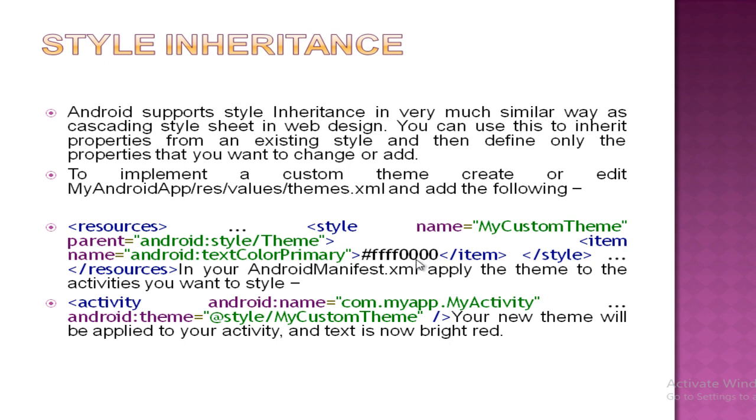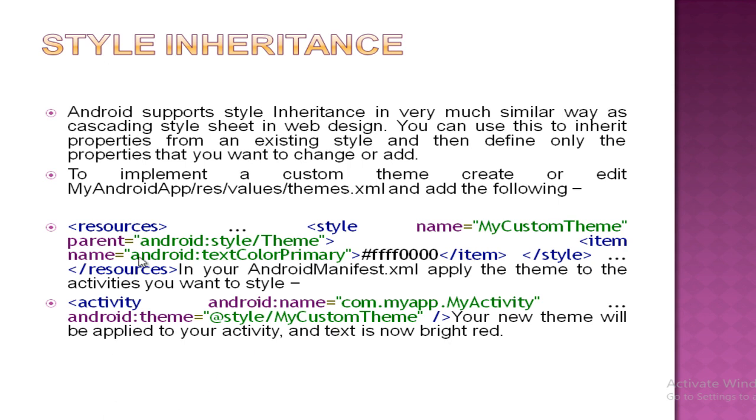So here you can specify, suppose we have created a large font and a small font, and whenever I click on the large font, then the particular text will become large, and if I click on the small font button, then it will appear small, right?